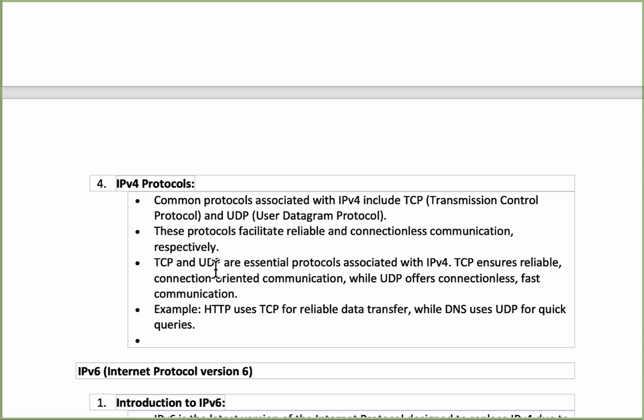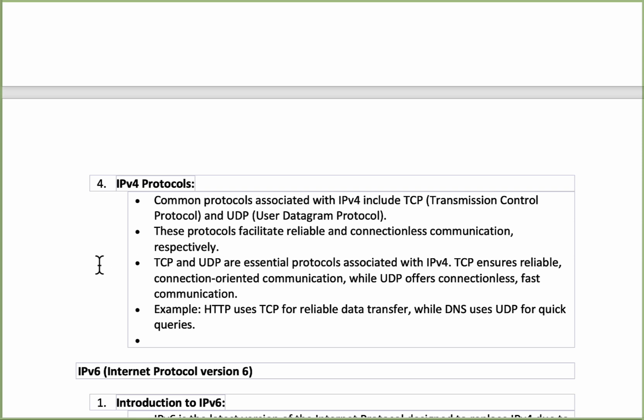UDP is a broadcast type protocol, which is basically a barrage of information to a point. UDP works really well in streaming services because you're allowed to have some level of packet drop in the overall process, whereas with TCP, because you want a specific connection, that is the protocol typically used.